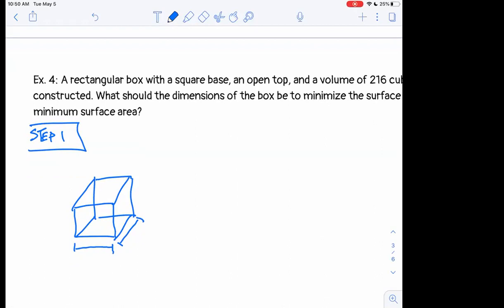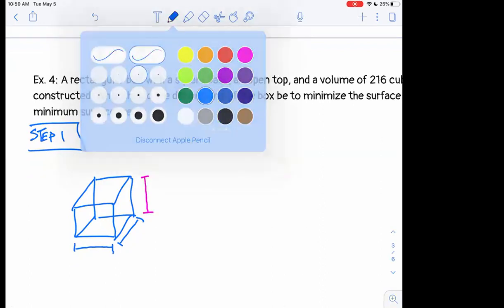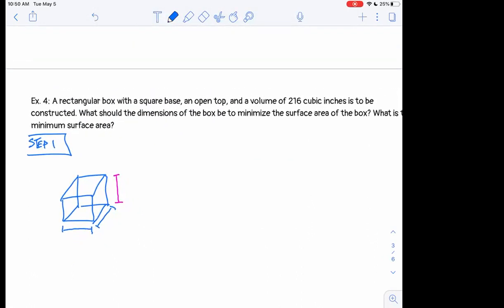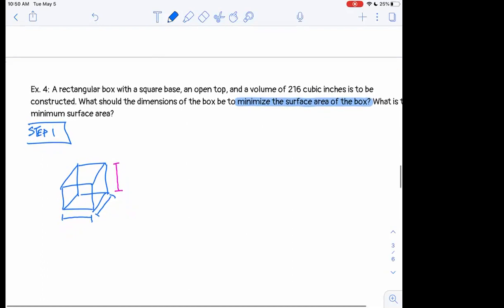So those two are the same, but the height of the box is going to be different. Now, it says, what should the dimensions of the box be to minimize the surface area of the box? So immediately I'm cueing in to where it says minimize the surface area, and that's what I'm going to write an equation for in step 2.